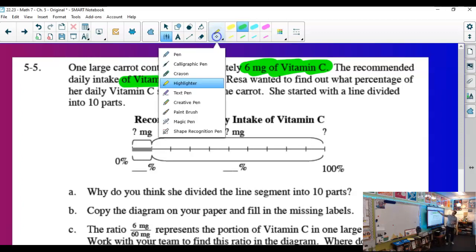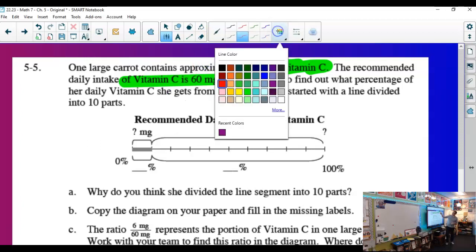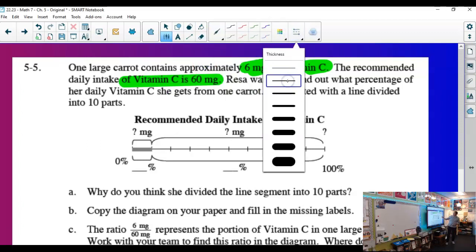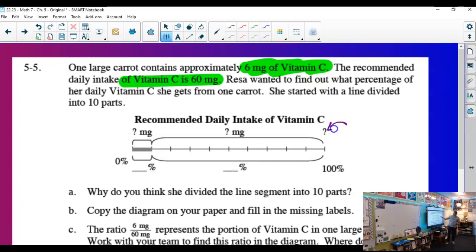We're going to fill in everything we just got told. It's always 0 right at the beginning, but be careful. This question mark is asking for this little section, that little section, we can fill that in together. How much did she get from a carrot? 6.